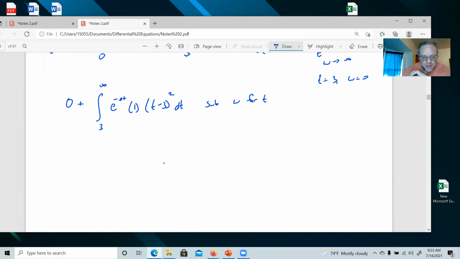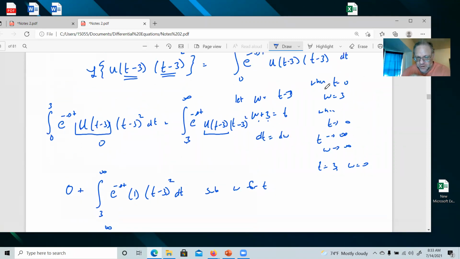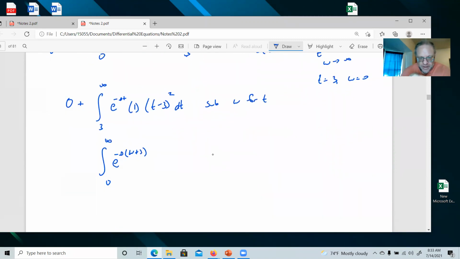My integral, going from w equals 0, still going to infinity, has e to the negative s times w plus 3, and then t minus 3 is just w.